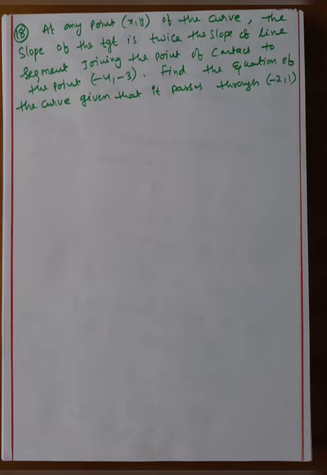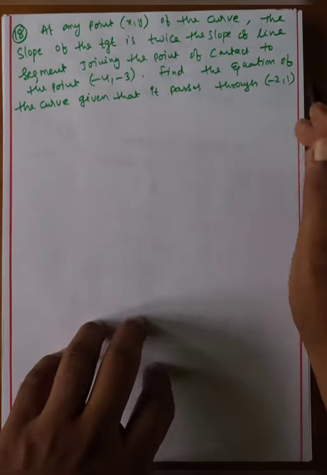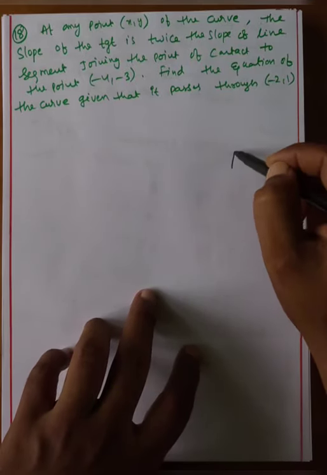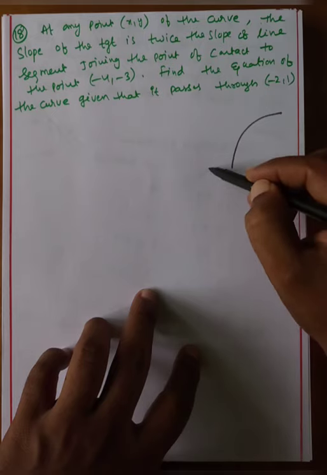Okay, my dear students, we are going to the next problem. At any point (x, y) of the curve, the slope of the tangent is twice the slope of the line segment. What is the line segment? The line segment joining the point of contact to the point. Suppose this is the curve and this is the tangent.